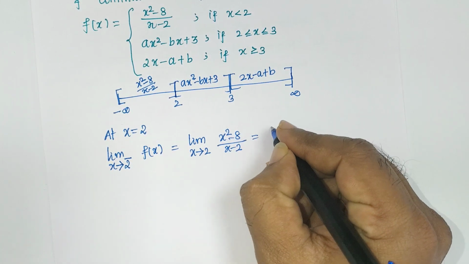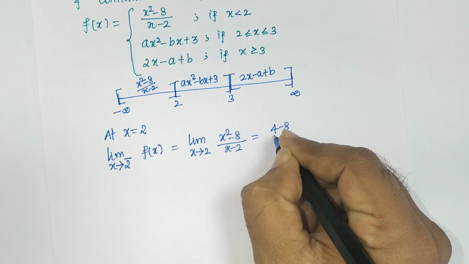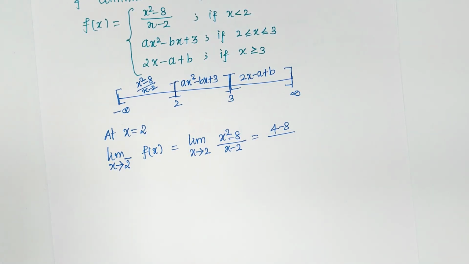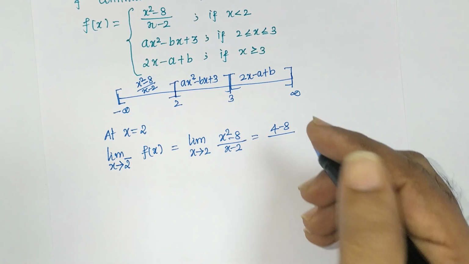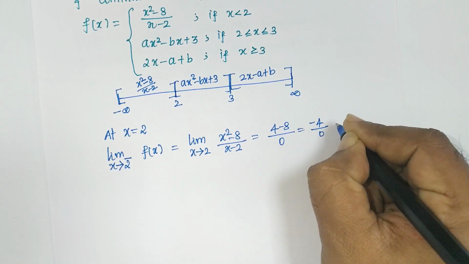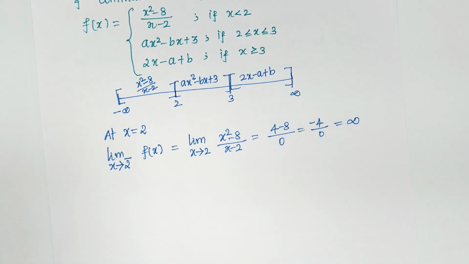2 square means 4 minus 8 divided by, here x equal to 2 means you will get 0. That means minus 4 divided by 0 is an undefined form. We cannot write like this.